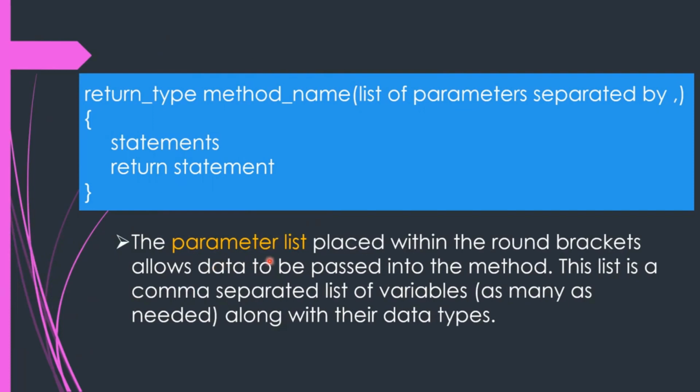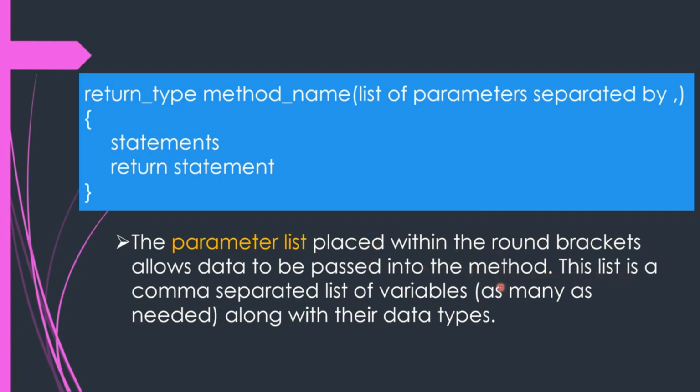Now the parameter list. It is placed within the round brackets. As we discussed in the method name, it is followed by round brackets. So in these round brackets, we basically have the list of parameters, and as its name suggests, a list of parameters means there will be a list containing many parameters. These parameters are separated by commas. The parameter list allows data to be passed into the method. Whichever data we provide in these round brackets in the list of parameters is going to be passed into the method.